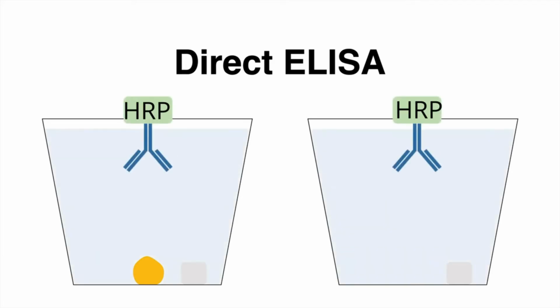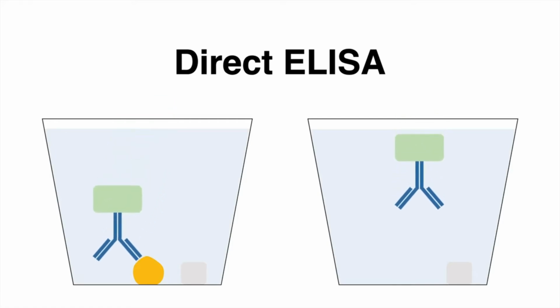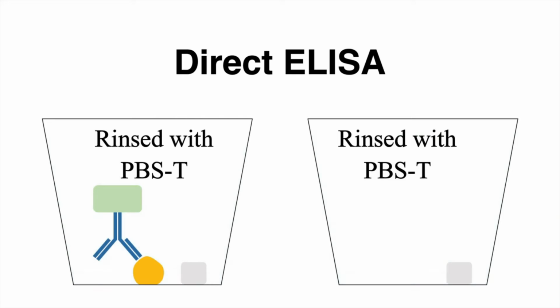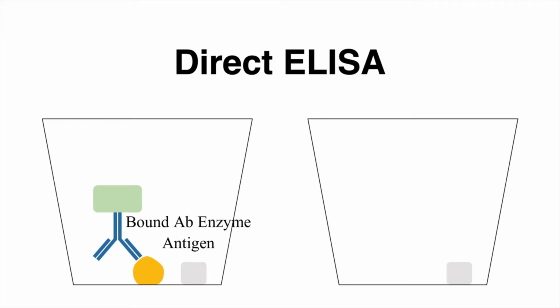An enzyme label, that is horseradish peroxidase labeled primary antibody, which is specific for the target antigen, is added to the wells and binds to the antigen. After that, wells are again rinsed with PBST to remove unbound enzyme conjugated antibody, so only bound antibody enzyme and antigen will remain in the wells.